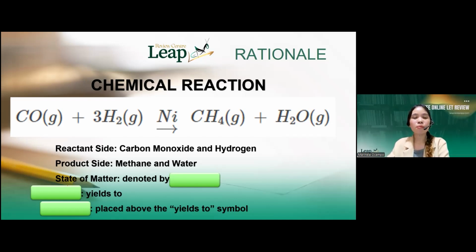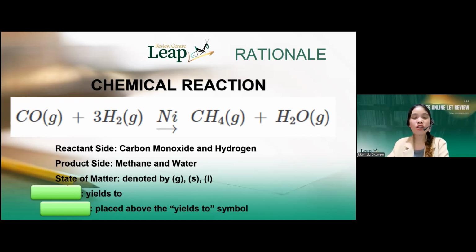In this chemical reaction that we've used, all of the substances are in gaseous state. So we have here the parenthesis G, which denotes that the substance is in the gas state. We also have other representations. We have the parenthesis S and parenthesis L, solid and liquid respectively.